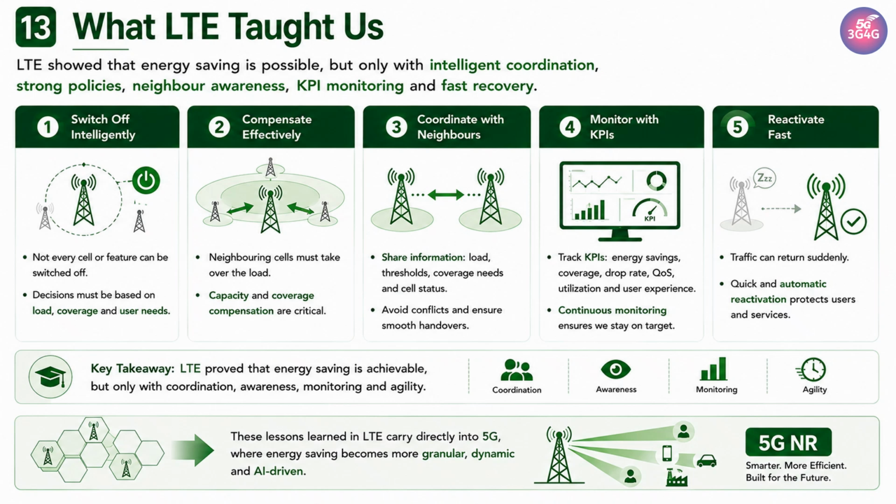These lessons carry directly into 5G. In 5G, energy saving becomes more granular, more dynamic, and more closely linked with radio design, scheduling, bandwidth parts, carrier management, beamforming, and eventually AI-assisted optimization. LTE gave the industry the early building blocks. 5G takes those ideas further.